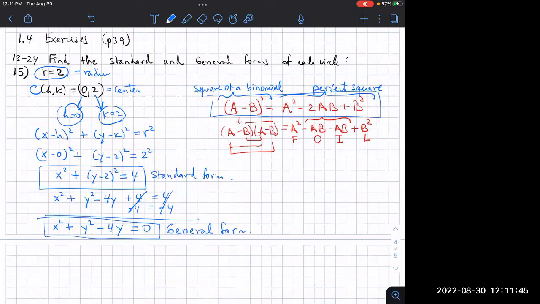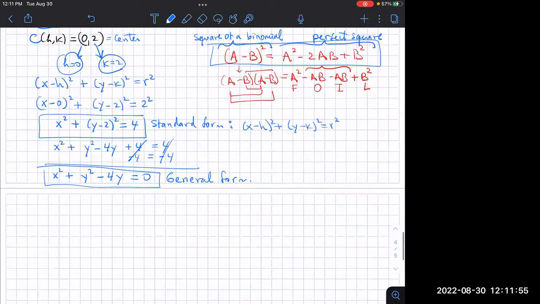So the standard form has the form x minus h squared plus y minus k squared equals r squared, whereas the general form is x squared plus y squared plus ax plus by plus c equals 0.